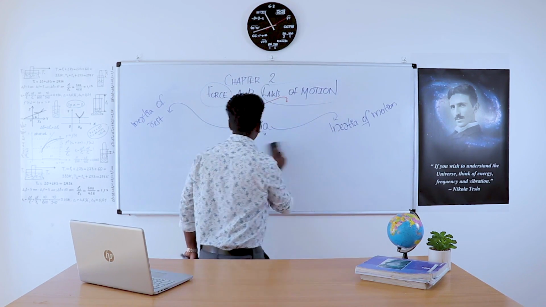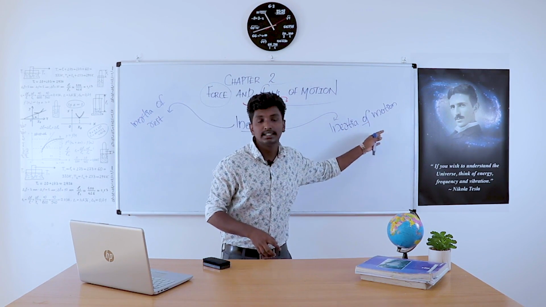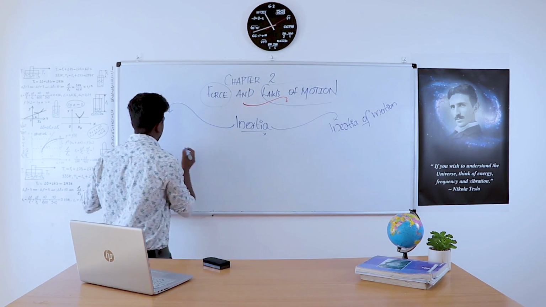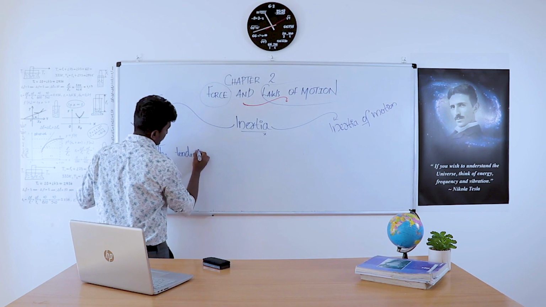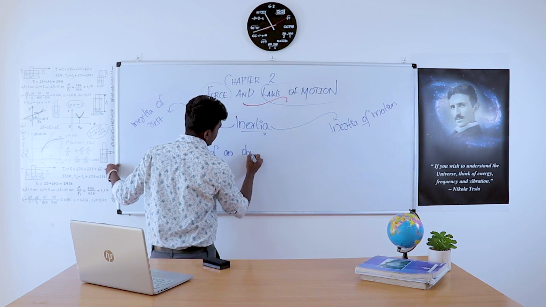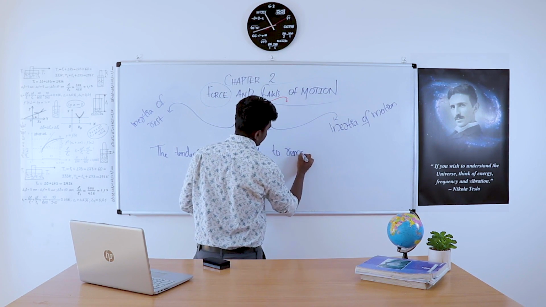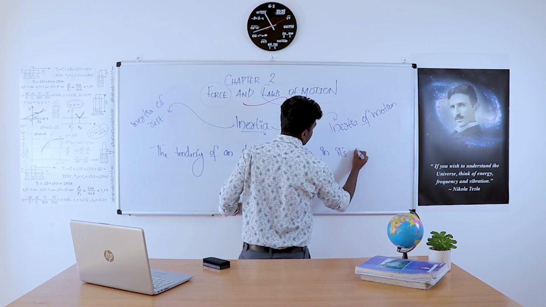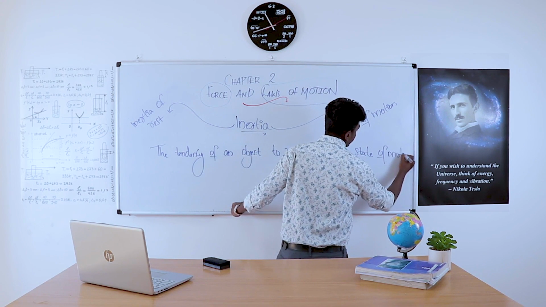We all know that inertia is the tendency to remain in its previous state. If that state is of motion, then it's called inertia of motion. That means inertia of motion is the tendency of an object to remain in its state of motion.